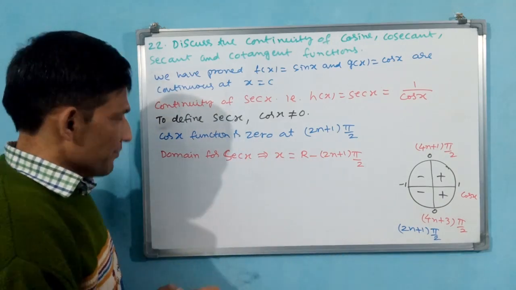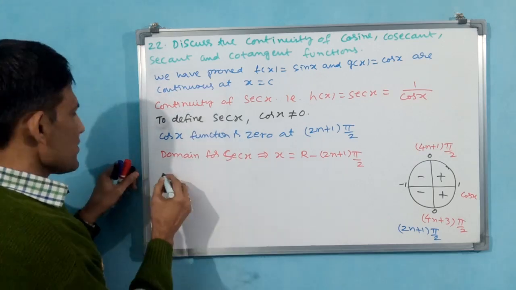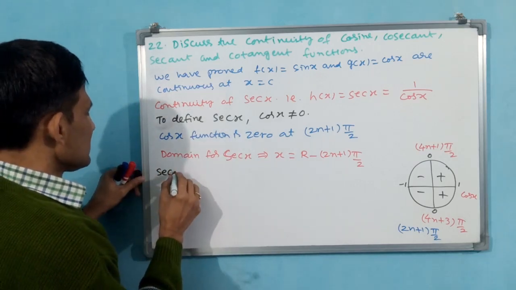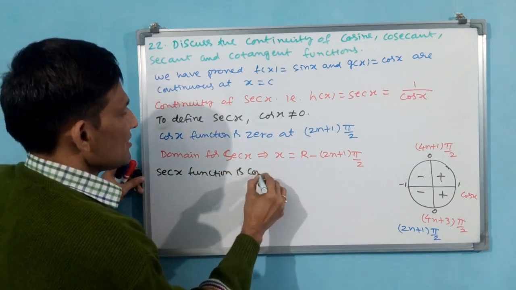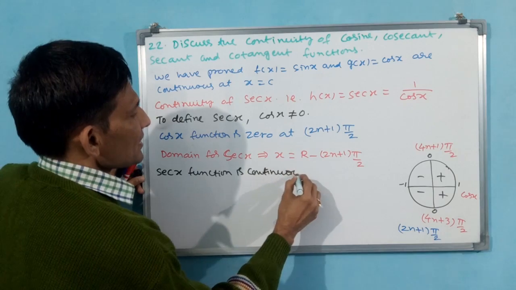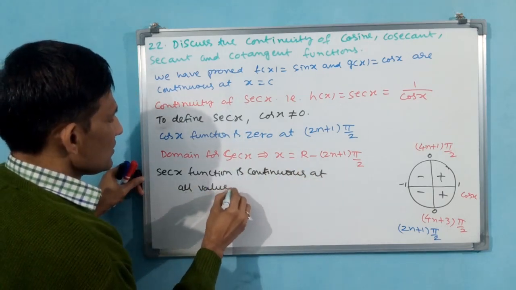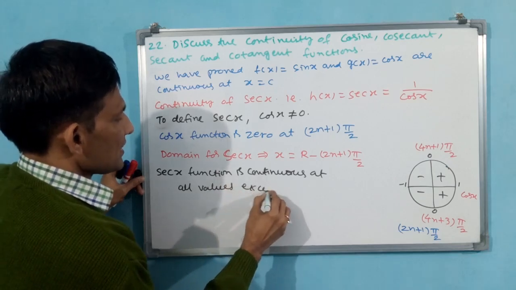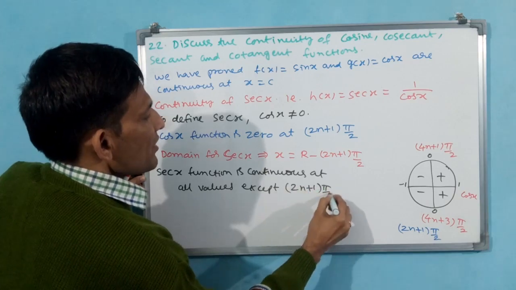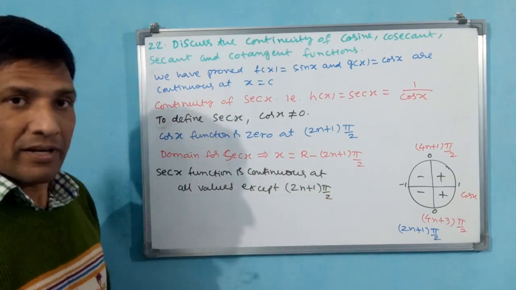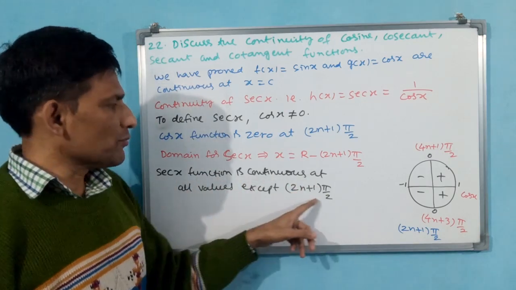Now you write continuity. The secant x function is continuous at all values except (2n plus 1) pi by 2.